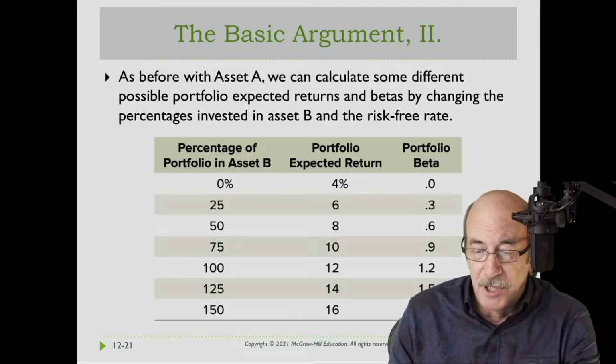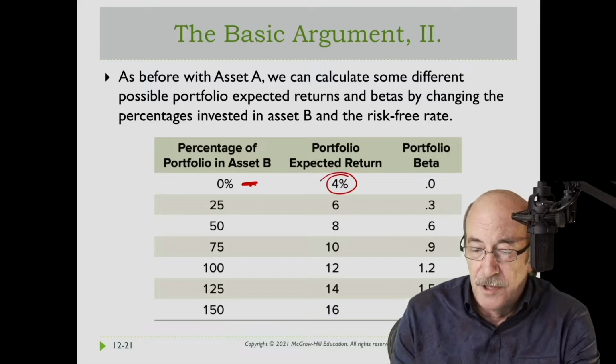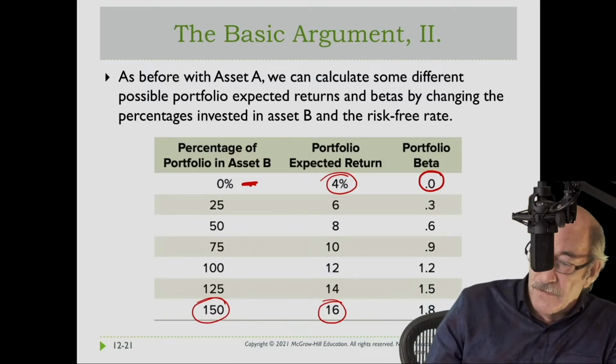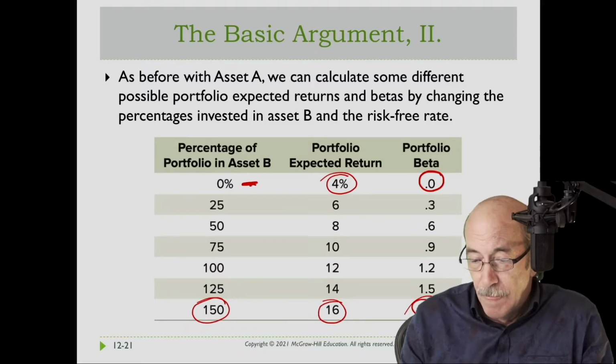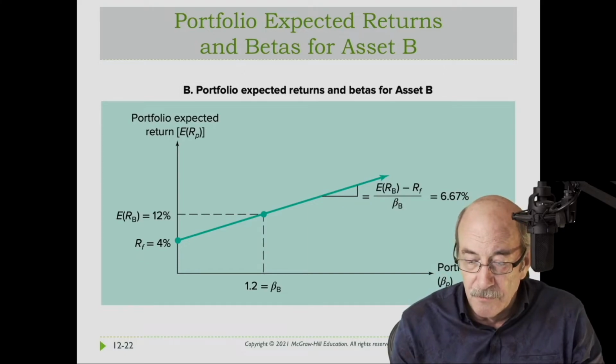Here's our table again, where we have 0% in the asset and 100 in the risk-free. There's our 4% return, beta of 0, all the way down to 150% in the risky asset and negative 50 in the risk-free, and that gives us a beta on that portfolio of 1.8. If we plot that out, again, note that this x-axis is in beta.